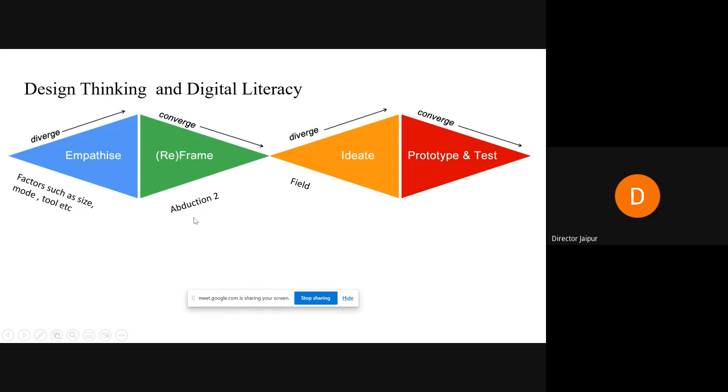In frames, we are using abduction and we are using field. So when we are applying the design thinking idea into digital literacy, we have to go through this path and have our field and frames very careful, and then empathize with factors such as size, mode, and tools, which mode we are using, and all.